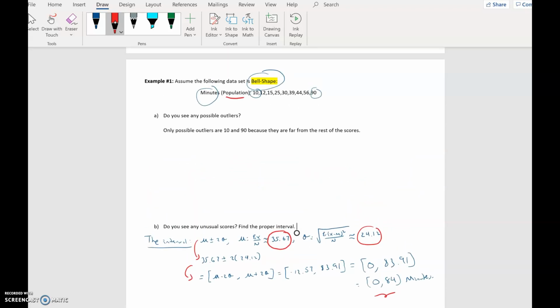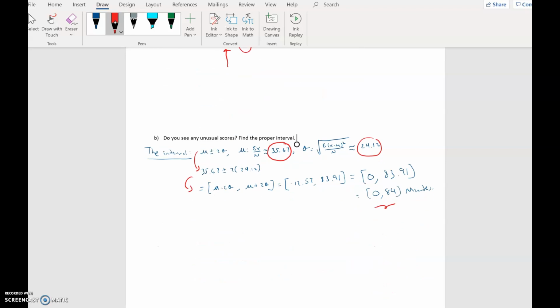Now, from our possible outliers, that actually includes 10, but it does not include 90. So here what we would say is that the only unusual score is 90, since 90 is outside of the usual interval.